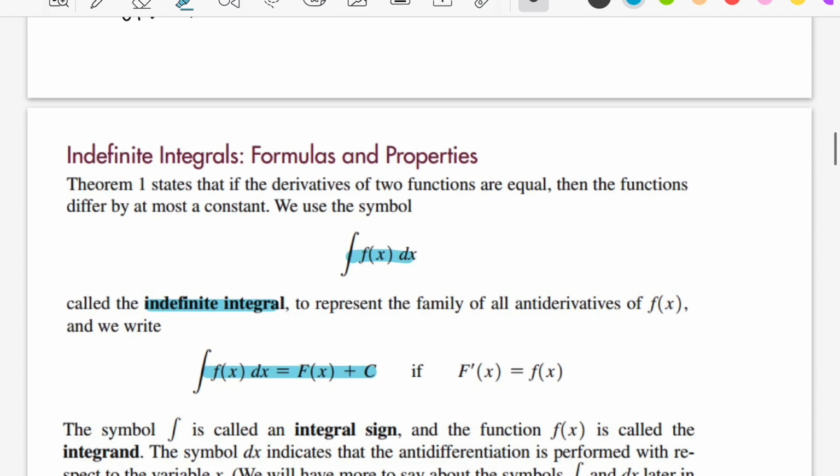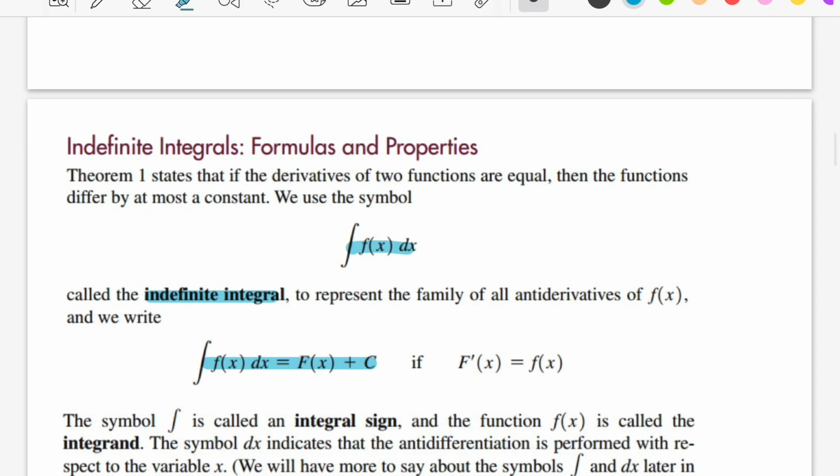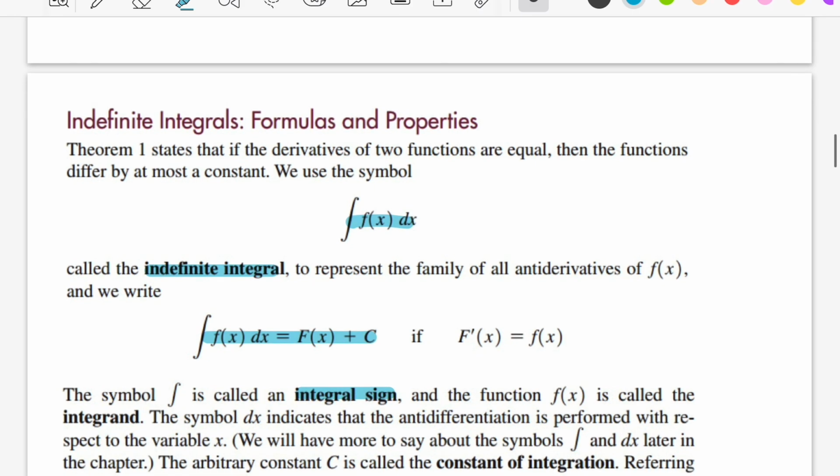And then just some facts about this. This symbol here is called the integral sign. The function f(x) is called the integrand. And the symbol dx here indicates that the antidifferentiation is performed with respect to our variable x. And lastly, c here is called the constant of integration.